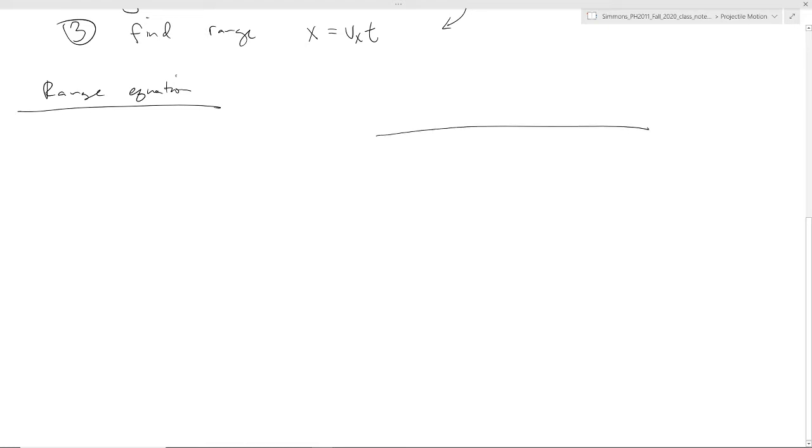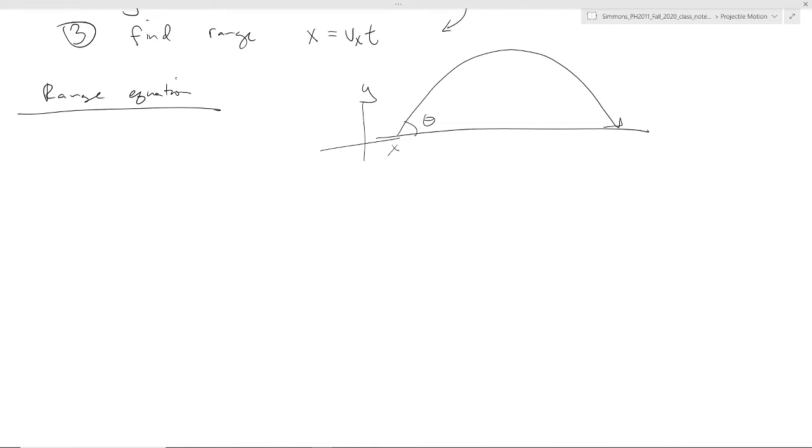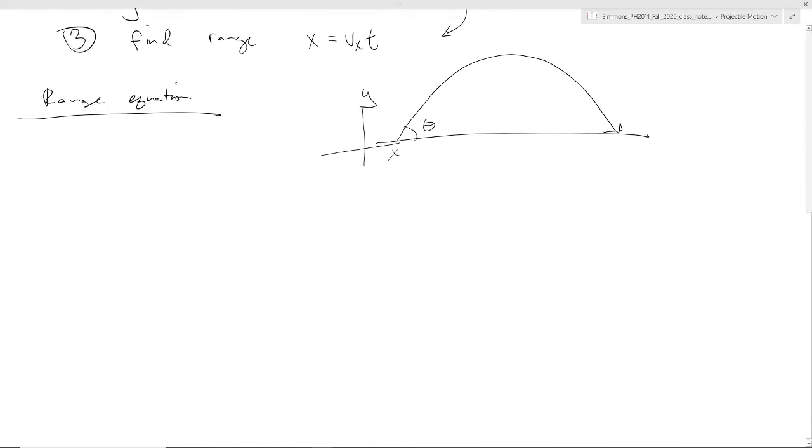I'm going to be talking about the situation where you shoot something off the ground at some angle, and we'll talk about our coordinate system being y equals 0 at the ground. Let's break this problem down algebraically and just try applying the strategy that I just described to you.